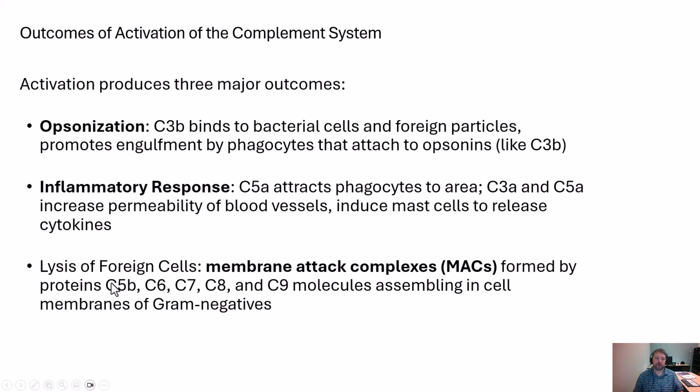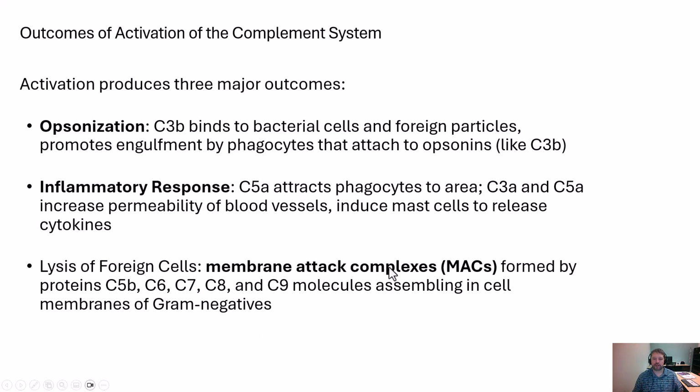Okay, and then because it's called the classic pathway, you must assume that most of the complement proteins are related to it, and you would be right in thinking that. So C5b, 6, 7, 8, and 9 molecules all assemble in the cell, and it causes holes to be punctured in the cell membrane, or lyses the cell membrane.